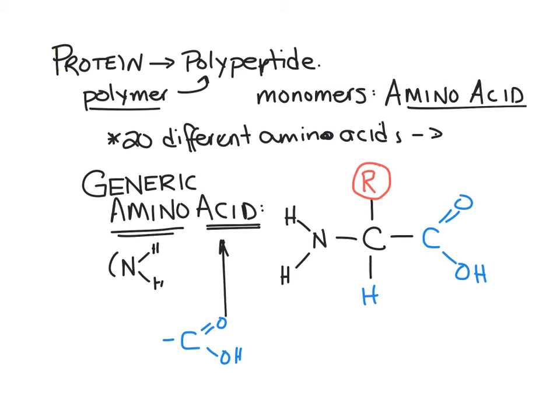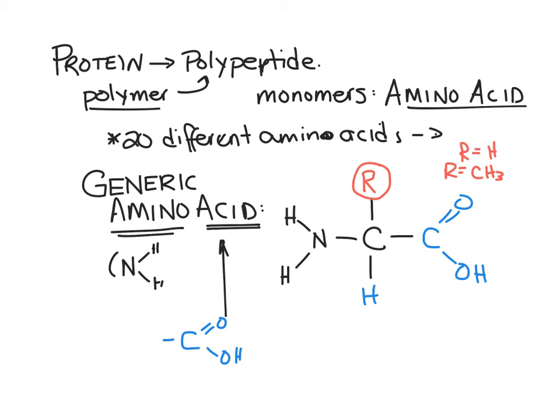So for instance, alanine and glycine. The R group for glycine is just a hydrogen. The R group for alanine is a methyl group. So you would substitute that into that space.